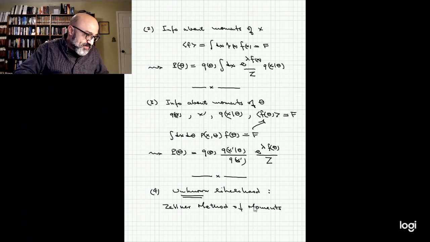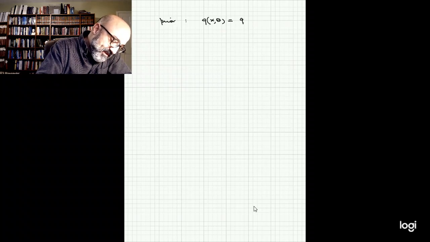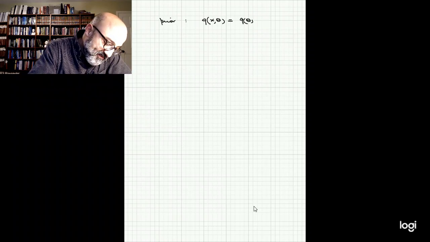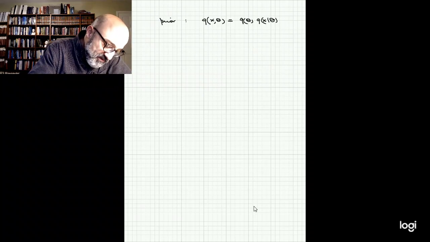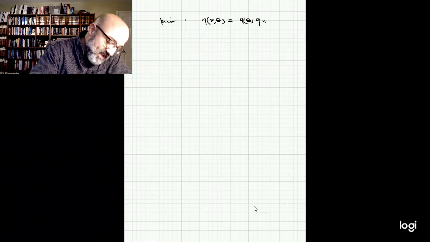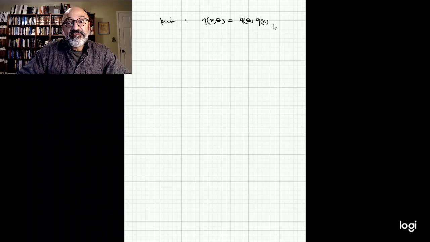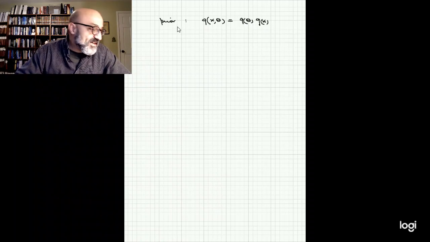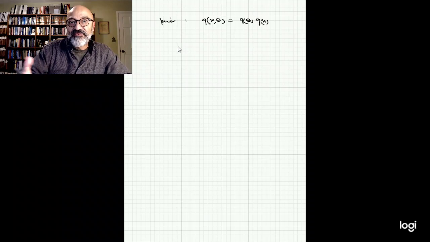The idea here is that we have the prior, x theta is going to be q theta, and then instead of having the likelihood function like we normally have, you say, no, we do not know that. As far as our prior goes, there is no relation between x and theta. Under these circumstances, the connection between x and theta has to be given by the constraint.